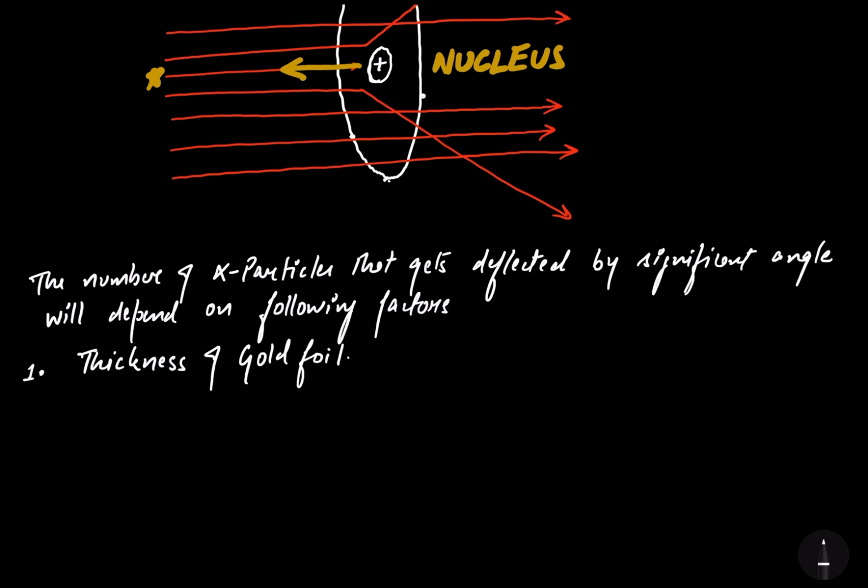So now let's talk about the second point. It is also dependent on the atomic number square, that is Z square, of the metal whose foil we are taking.